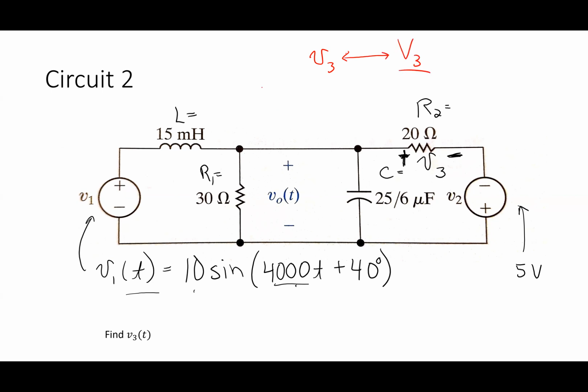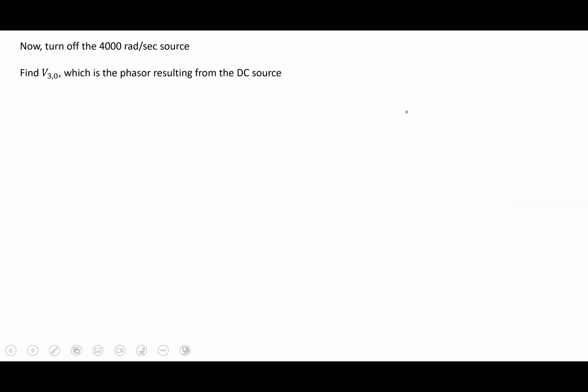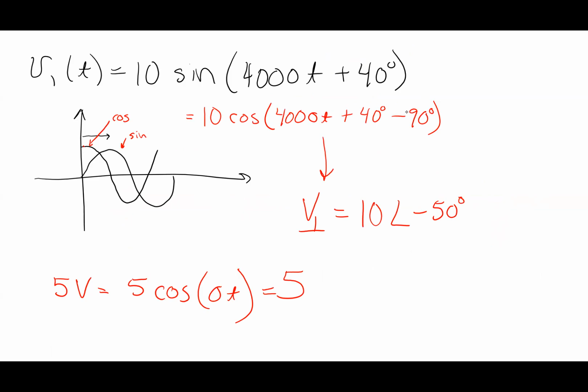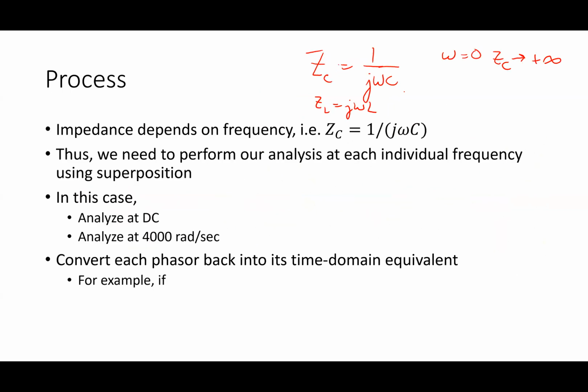So V3 here should be equal to what I'm going to call V3 4000 plus V3, I think I called it DC. The V3 0, I guess I called it. So the V3 4000 is with the DC source turned off, and the V3 0 is with the 4000 radian per second source turned off.